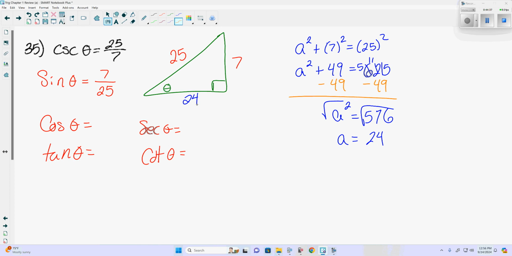But since our angle is acute, we're in the first quadrant, it's going to be positive.